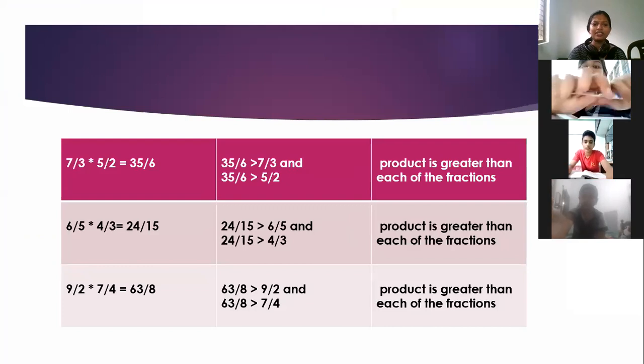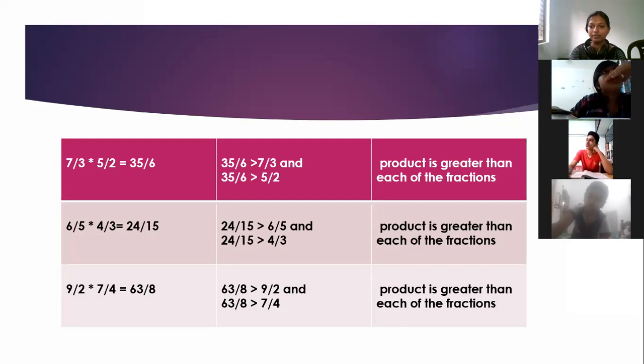Then what is the value of 63 by 8? How many 8s are present in 63? How much is 8 sevens? 8 into 7 is 56.